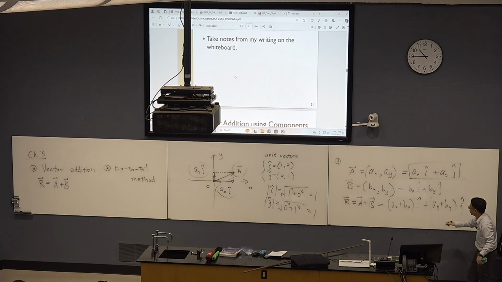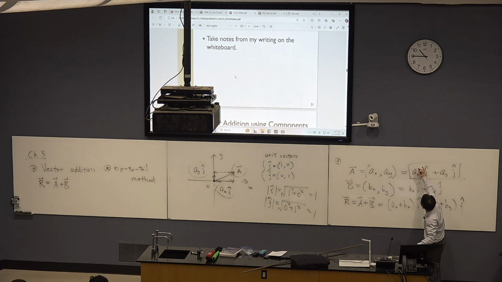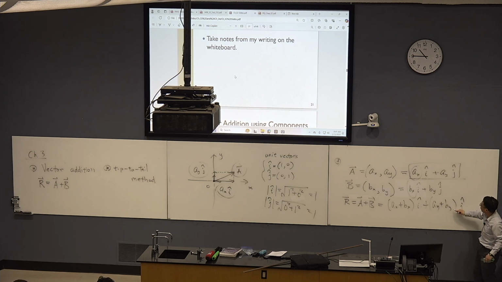All right? That's how we do the sum of two vectors. We get the sum component-wise: AX summed with BX times I hat, AY summed with BY times J hat.